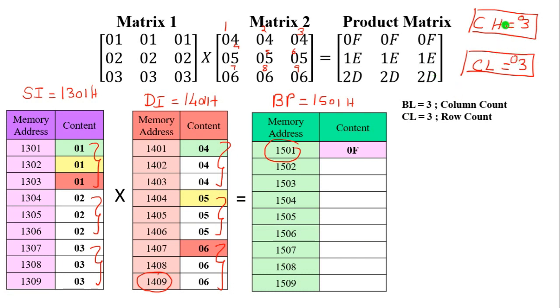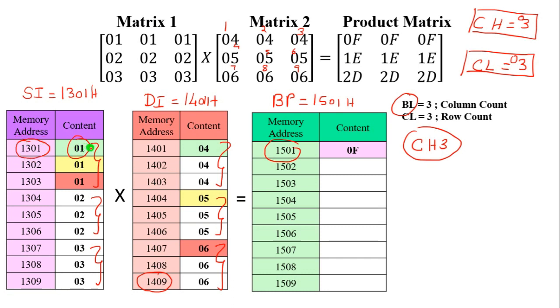Next, the CH value is moved into the BL register, because of the column count also. At the first step, the CH value becomes 3, the BL value becomes 3, and the CL value becomes 3. What is going to happen? The SI register points to 1301. That time this value becomes 01.